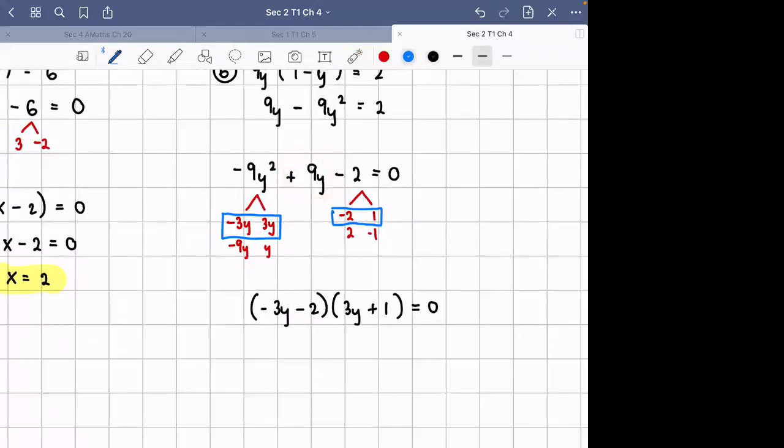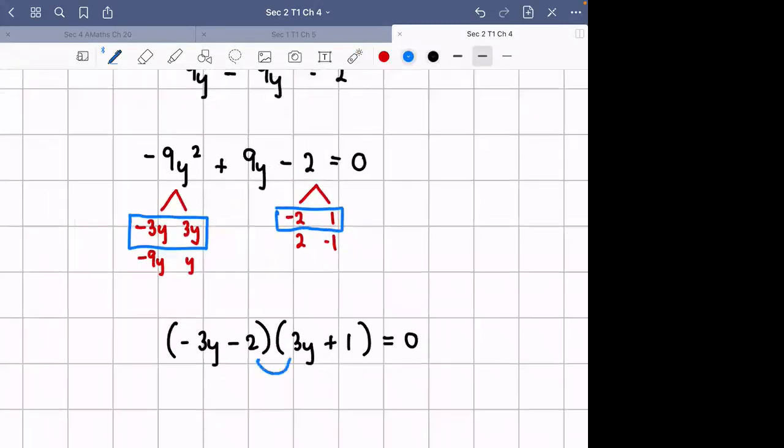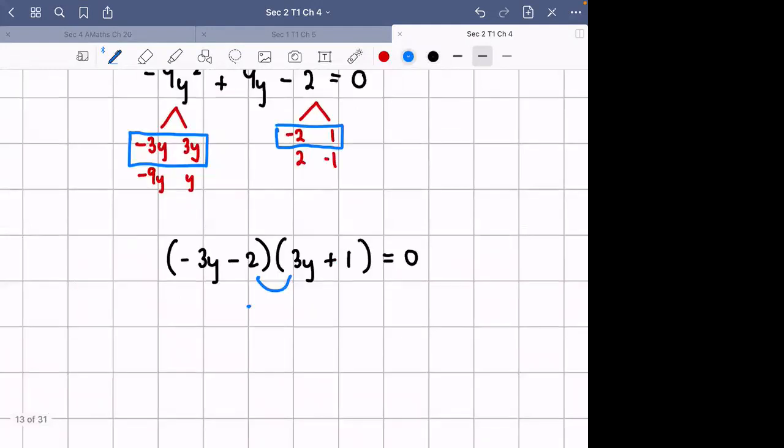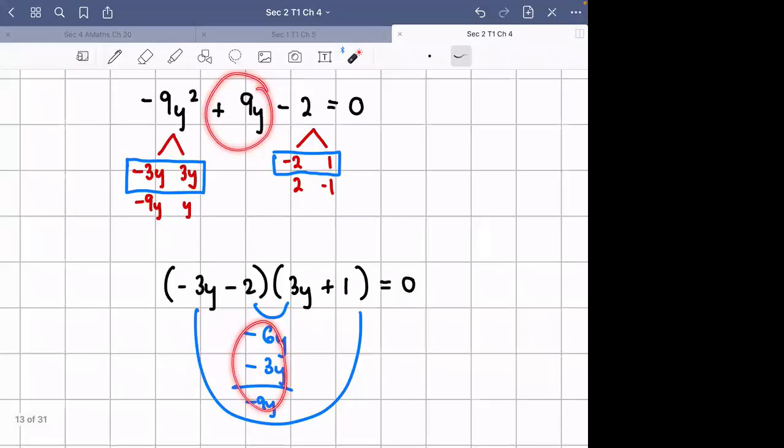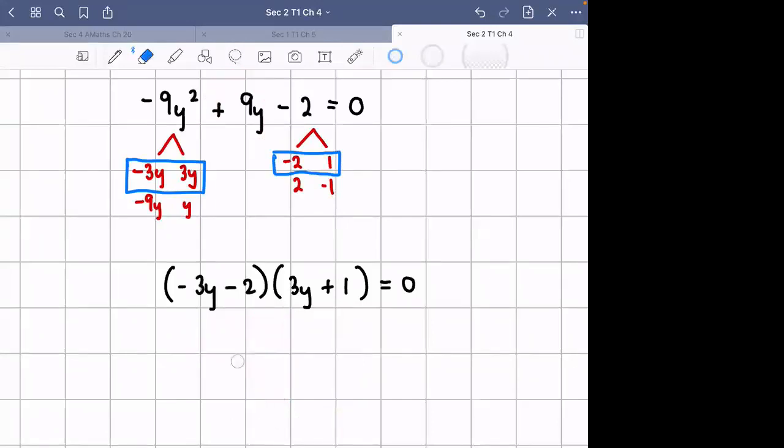So let's try this. So this is negative 6y, and then this is negative 3y. So this is negative 9y, which is not the same, right? So what do we do? We erase this, and then we just switch them.